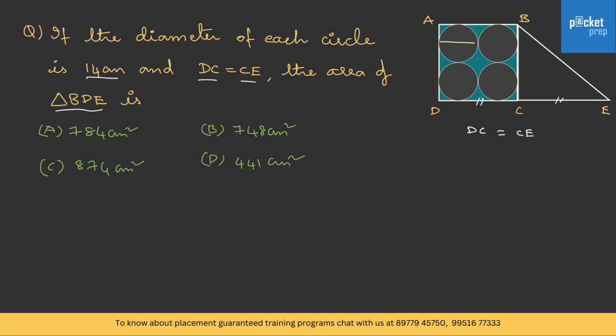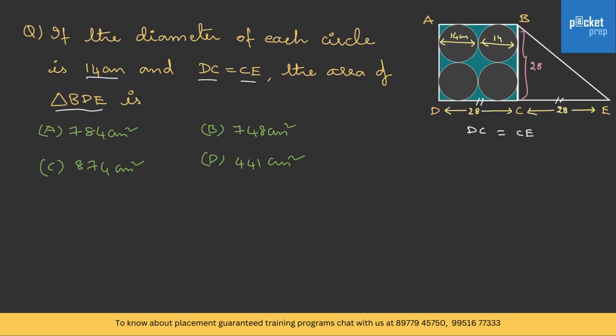So this diameter is 14 centimeter. If this is 14, even this will be 14. So 14 plus 14, that is 28. So this length is 28. Because these two are equal, even this is 28. Now because ABCD is a square, even this is 28.